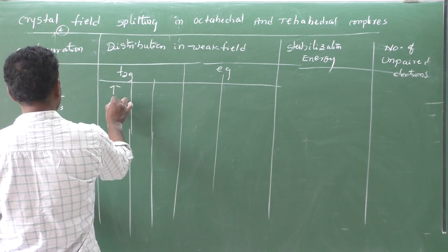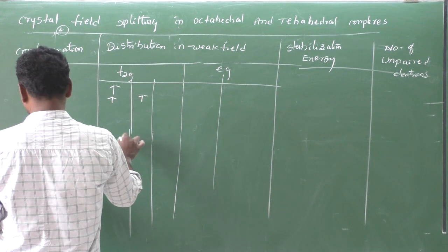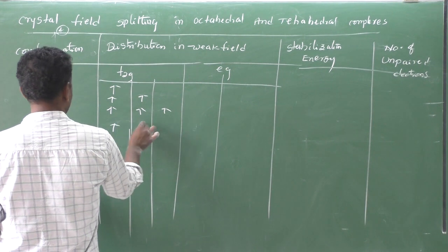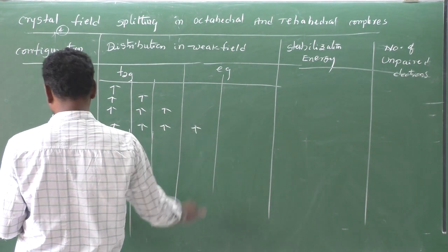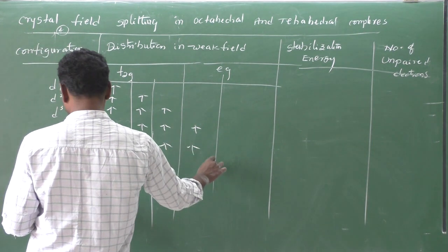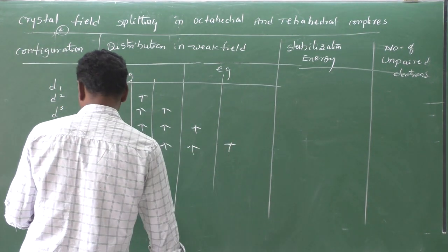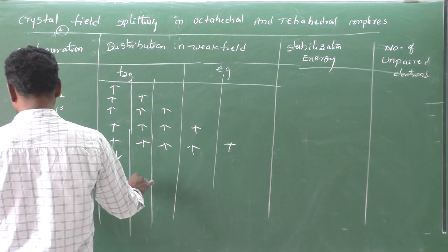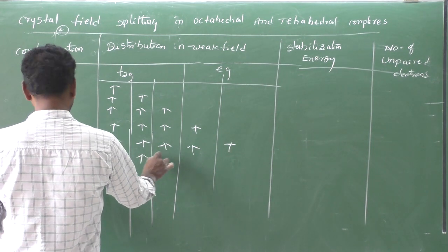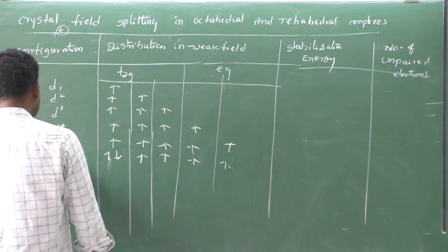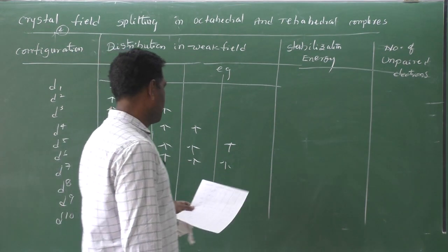This is 2, means here 1 electron, here 1 electron. 3 means here 1 electron. 4 means 1 and 1 here. 5 means 1, here also 1 electron. 6 means here 2 electrons, here 1. This is the 6. So like this we can calculate the values also.